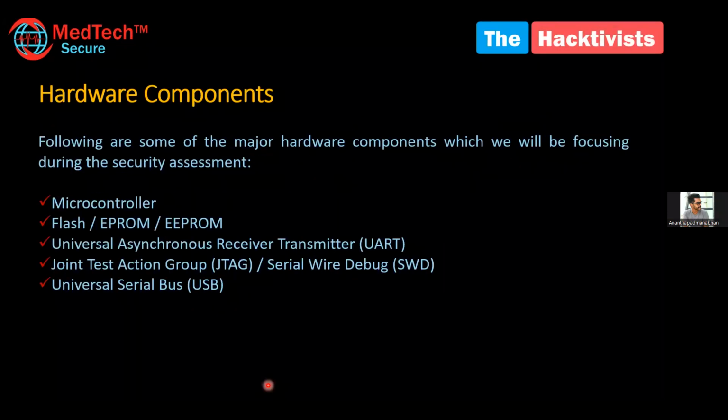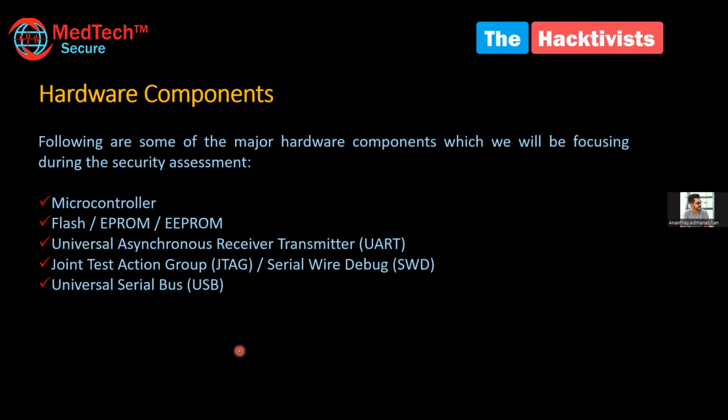And regarding the components, when we look at a hardware device, there can be a lot of components within it. So we won't be looking at each and everything. From the security perspective, we'll be mainly focusing on the important components.